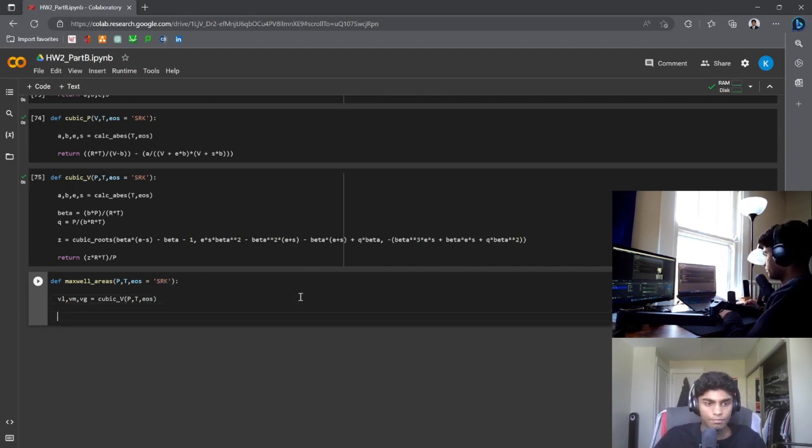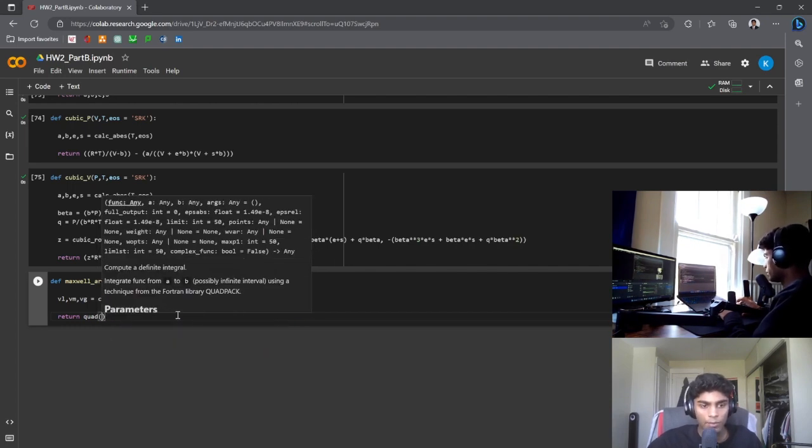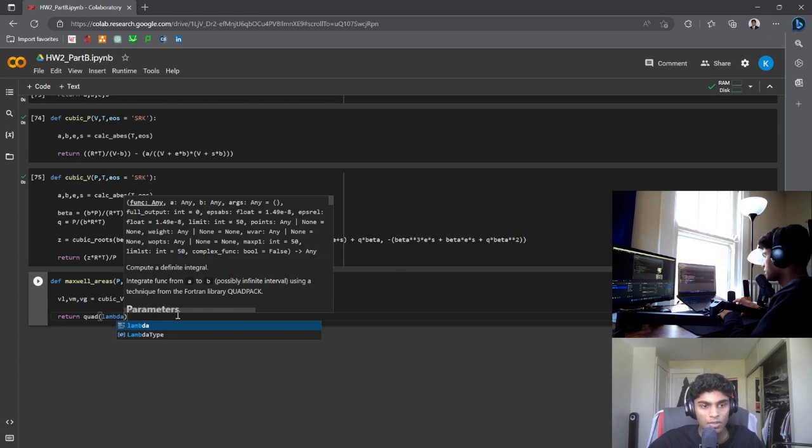And so after that, how we're going to return this is we're going to use something called quad that comes from the SciPy integrate library, sub lambda. So this is going to give us our equal constructions.